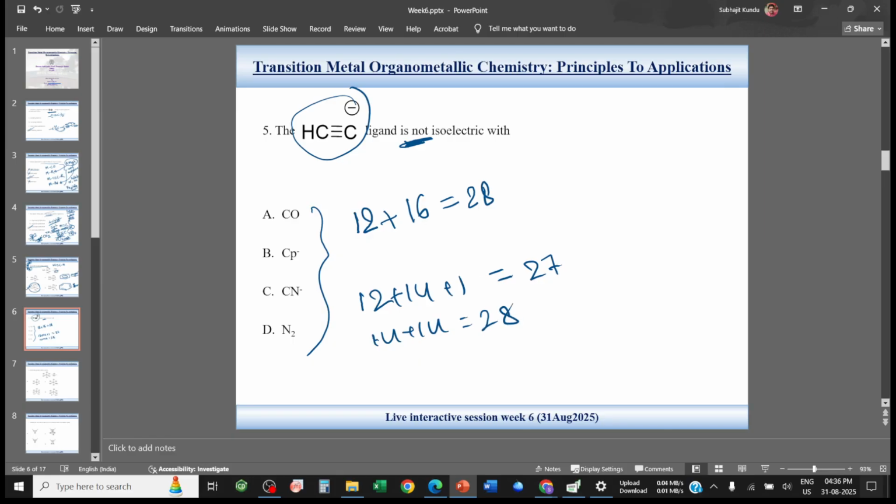So you can see, and for this one, 12 plus 12 plus 1 plus 1 is 26. It is not isoelectronic with it.